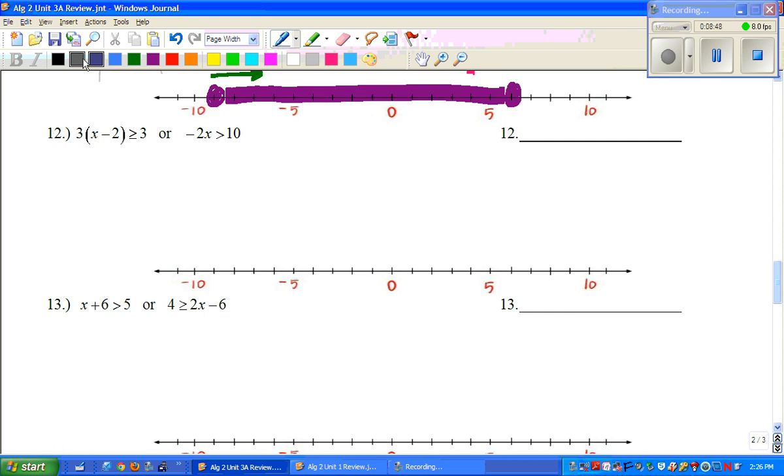Okay, 2 more. Distribute first. 3x minus 6 is greater than or equal to 3. And now we start solving for x.